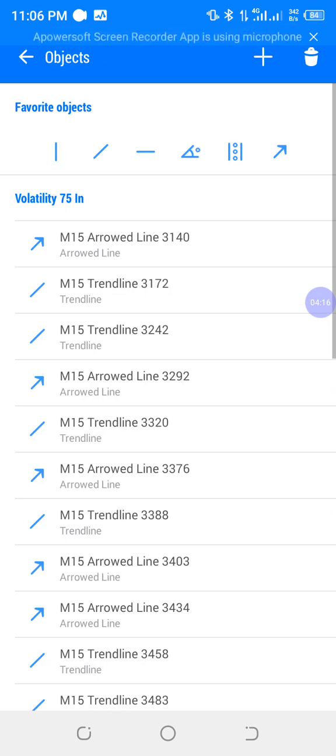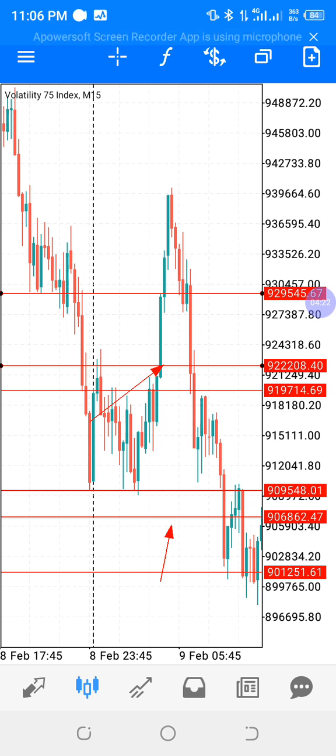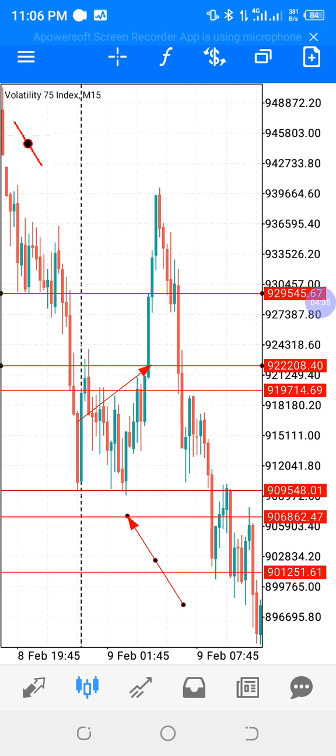And you place your TP below here, somewhere around here. So whichever one triggers, if it triggers the sell here, you close the buy.